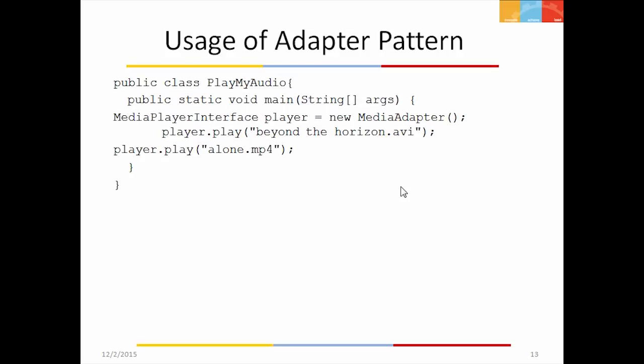I'm creating a new adapter, and then I'm saying player.play and passing the file name, which is an AVI file. Then I'm again calling player.play, but this time I'm passing an MP4 file, and this adapter takes both the files, and then depending on the file type, it calls the appropriate method of the adaptee.